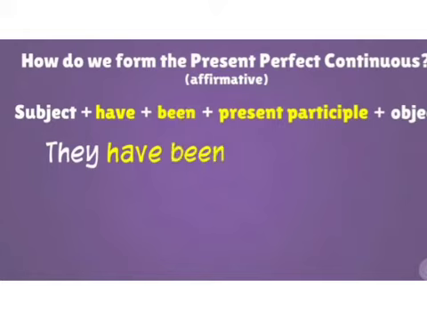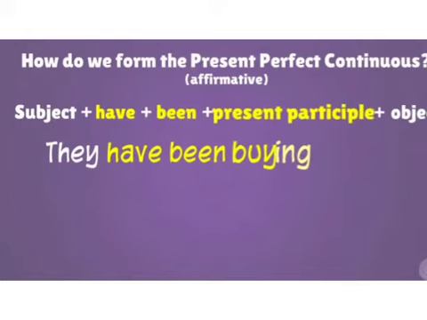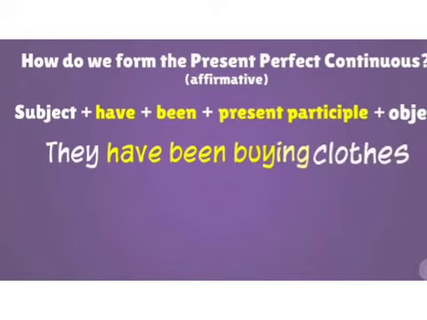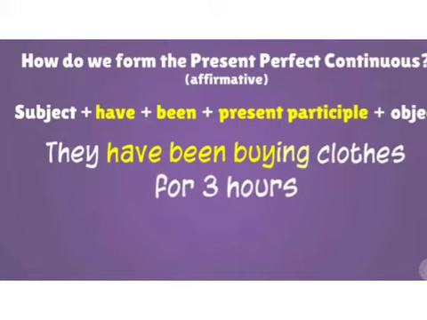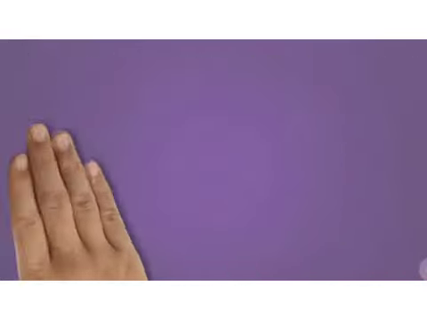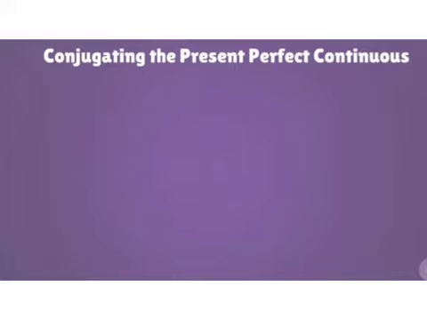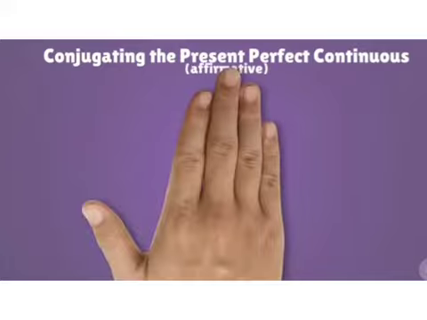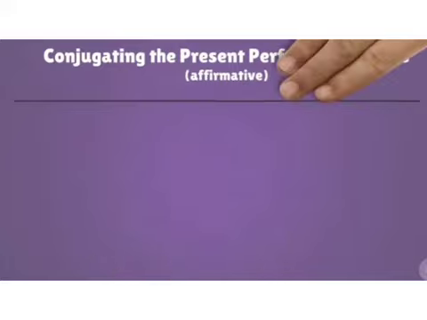So example is they have been buying clothes. So as we all know, continuous is verb plus ing. Perfect we all know have or has, and we are using been here for affirmative sentence.